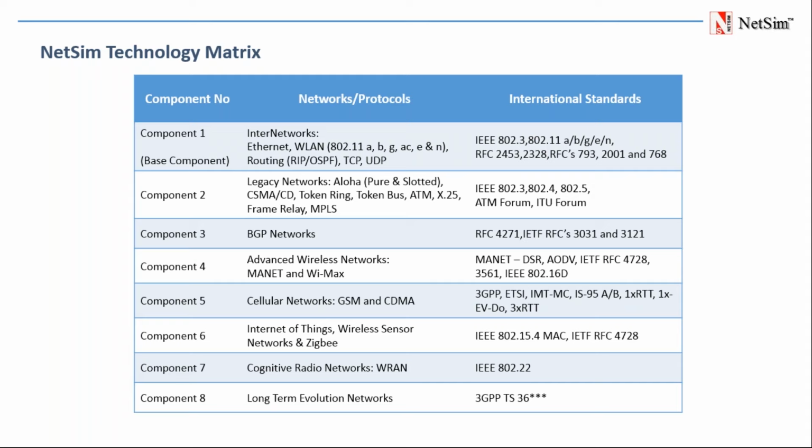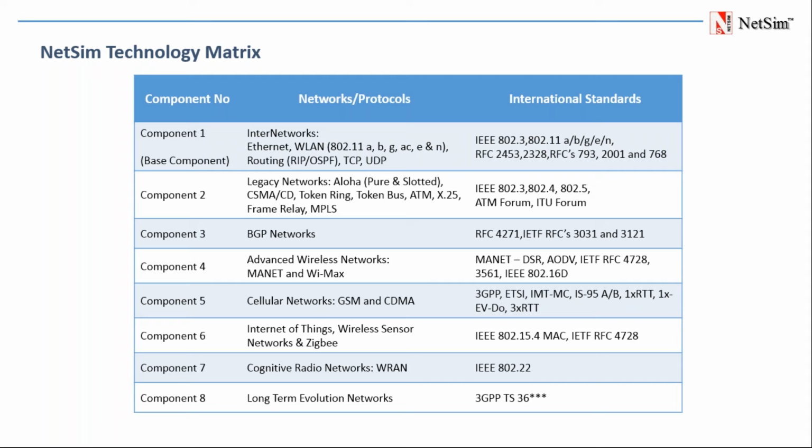Similarly, component 2 has legacy networks, that is Aloha, CSMA-CD, token ring, token bus, ATM, and all these legacy networks that we have. Then in component 3, we have BGP networks, that is Border Gateway Protocol. In component 4, we have advanced wireless networks, that is MANET, mobile ad-hoc network, and WiMAX. And now VANET has also been added. Then component 5 has cellular networks, GSM and CDMA.